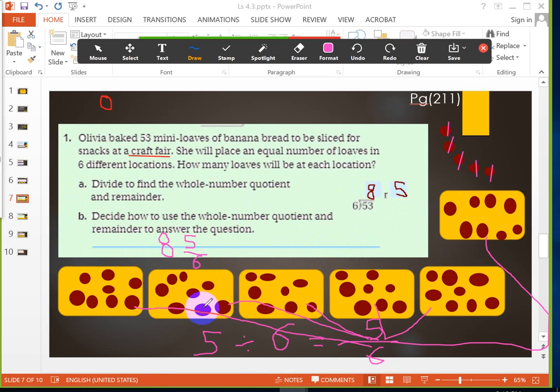But I want you now to focus on the idea, not on the steps, those A and B. Girls, first thing, I have 5 loaves left with me, but I want to divide those evenly. That means I have to divide those equally into 6 locations.